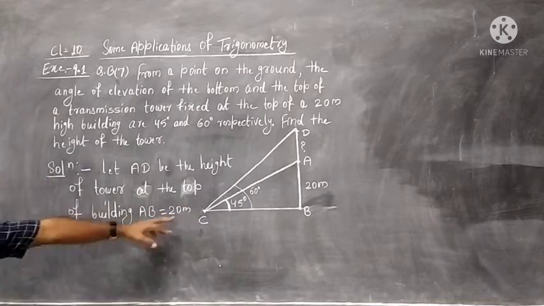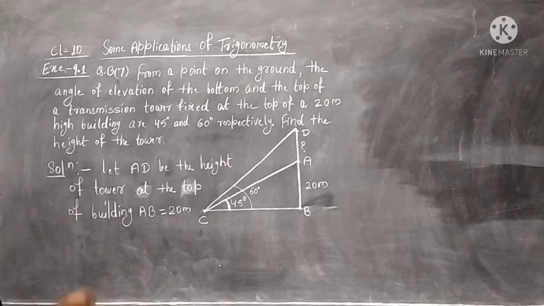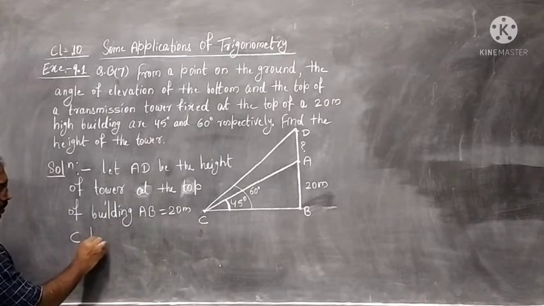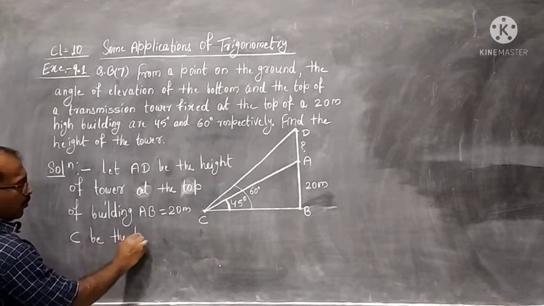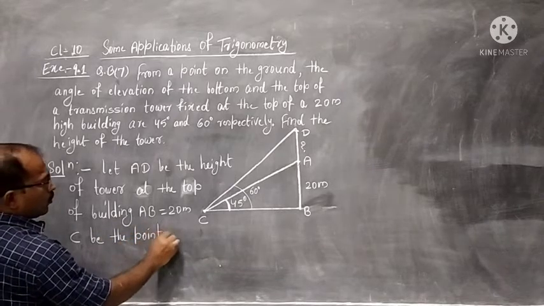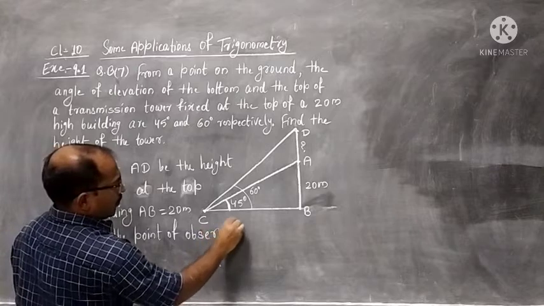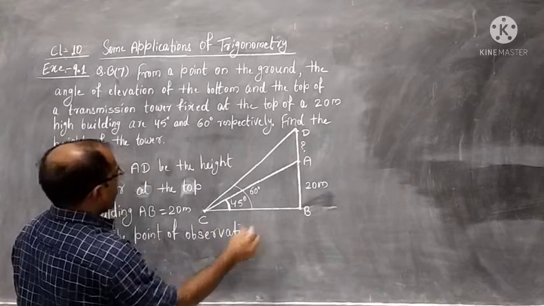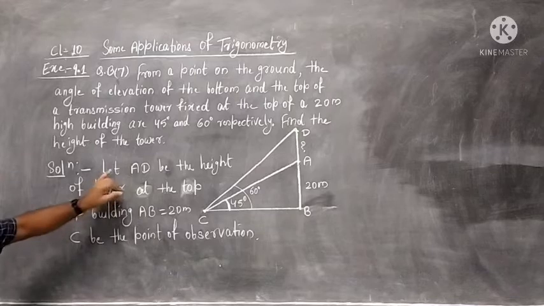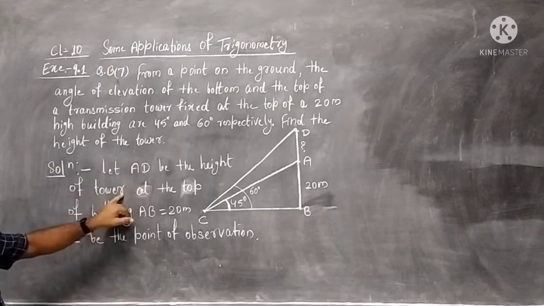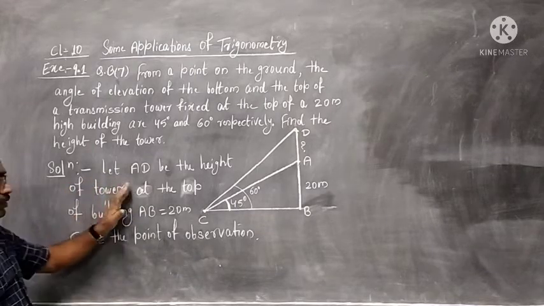So, we have mentioned C be the point of observation, that also we can write. So, what we have to find out? The height of the tower. Let us note, this we have to find out.